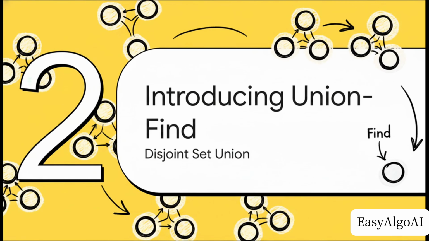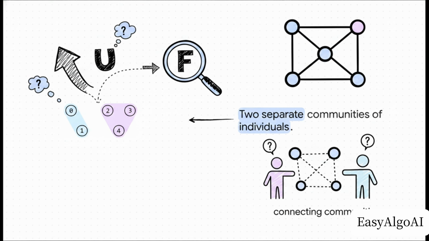Moving on to Section 2, introducing union find, which is also known as the disjoint set union. To actually solve this puzzle without our system totally bogging down as it grows, we're going to use a data structure that's perfectly built for the job, the disjoint set union, or as it's more commonly known, the union find data structure.